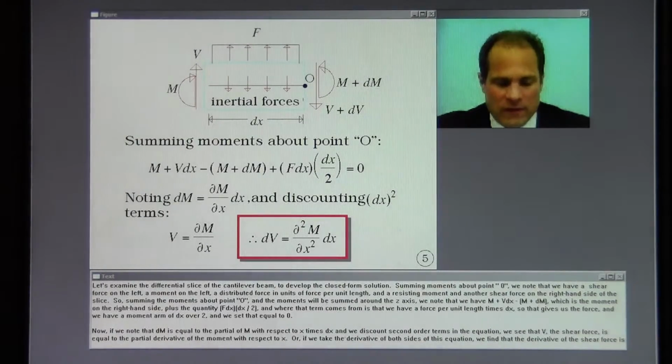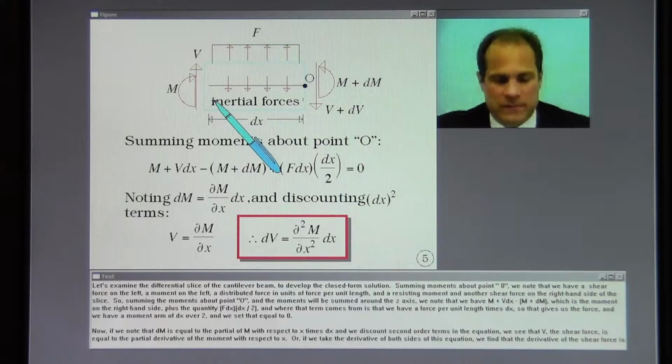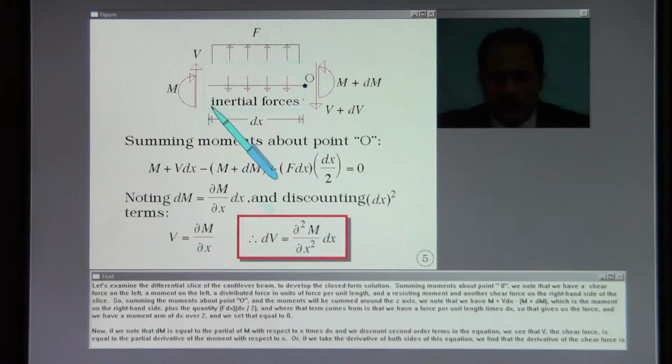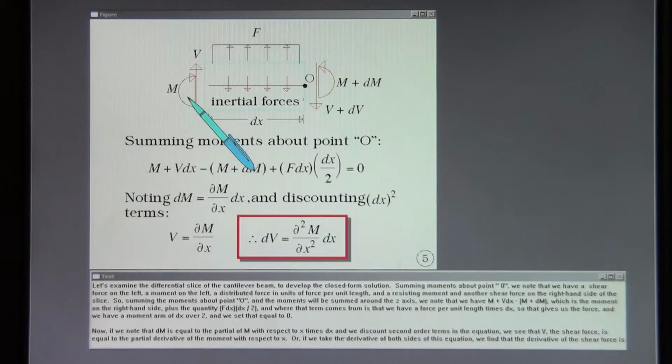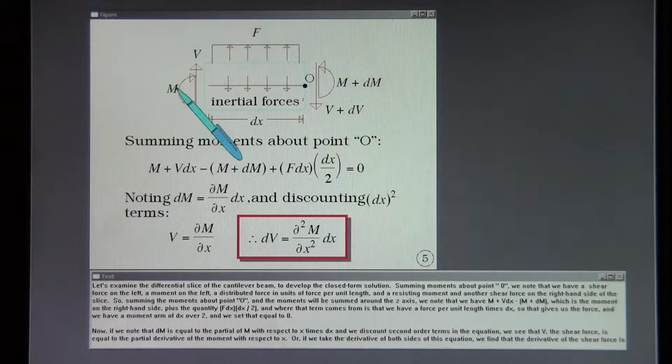Let's examine the differential slice of the cantilever beam to develop the closed-form solution. Summing moments about point O, we note that we have a shear force on the left, a moment on the left, a distributed force in units of force per unit length, and a resisting moment and another shear force on the right-hand side of the slice.